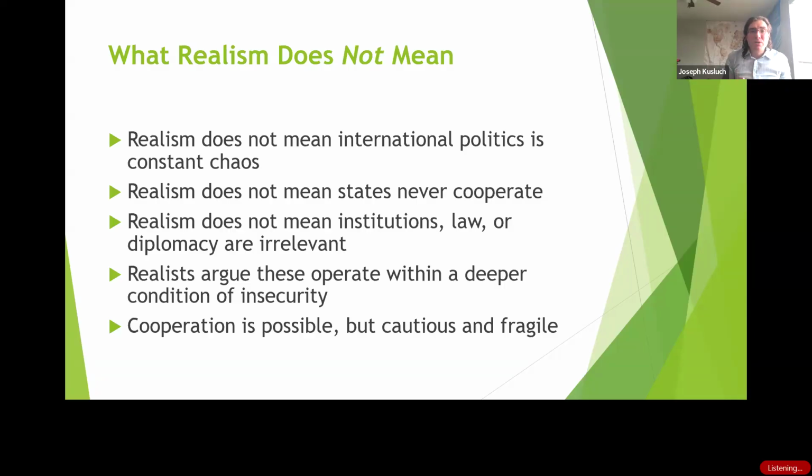But realism argues that these things operate within a deeper condition of insecurity. States may cooperate, but they cooperate cautiously. They may sign agreements, but they worry about whether other states will comply. They may participate in international organizations, but they do not usually surrender their core security interests to those organizations.